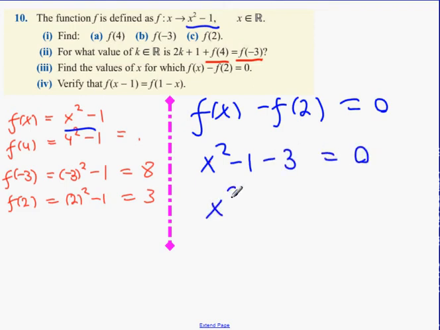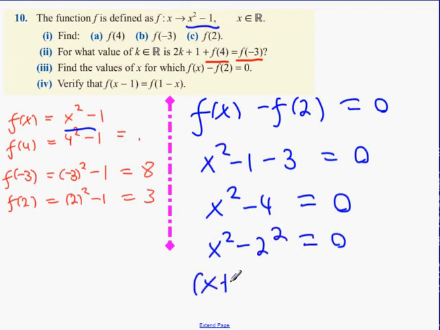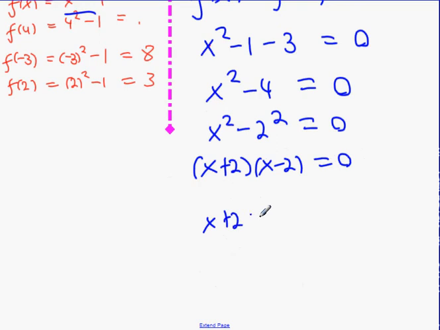Now you get x squared minus 4 equals 0. I think that's a type 4, being difference of 2 squares, which is x plus 2, x minus 2 equals 0. x plus 2 equals 0, x equals minus 2. x minus 2 equals 0, x equals 2.